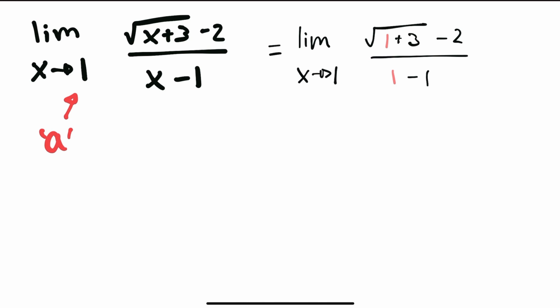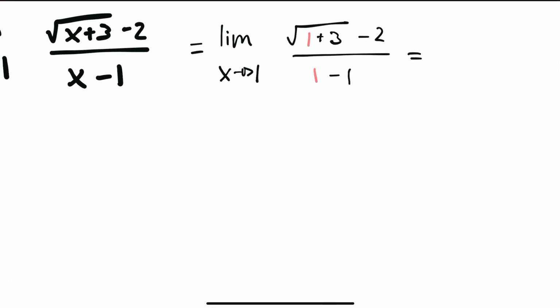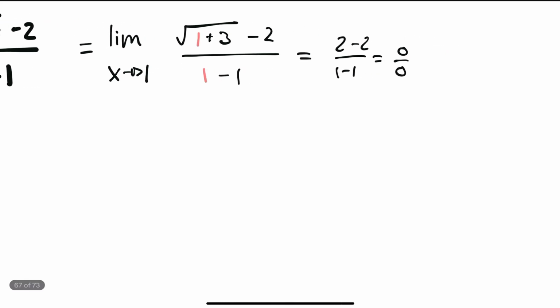In the denominator, 1 minus 1 would be equal to 0. The numerator would be the square root of 4, which is 2. So this would be 2 minus 2 over 1 minus 1, which is equal to 0 over 0. This is not considered a defined answer.